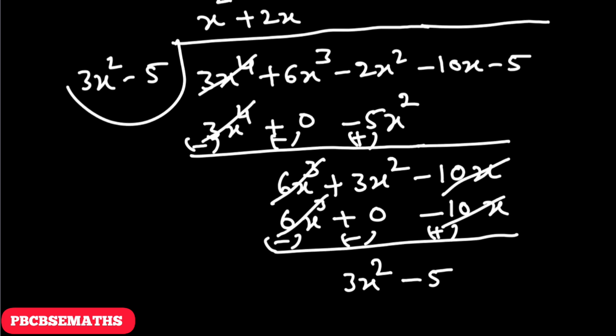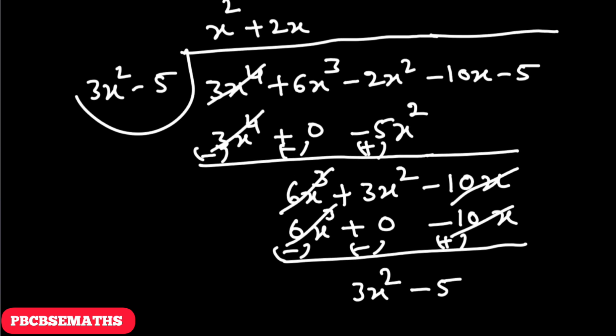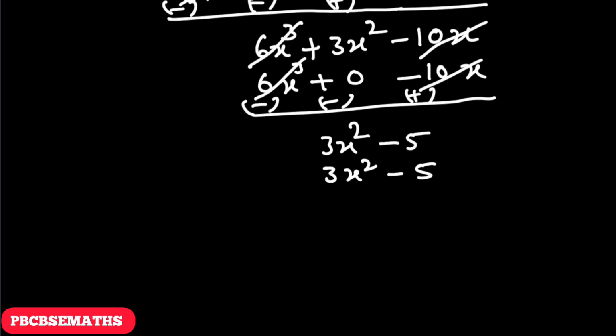Now we have 3x square right here. To eliminate this 3x square, we have to multiply this 3x square by plus 1. So let's write that plus 1. 1 into 3x square, we get 3x square. 1 into minus 5, we get minus 5. Now again, the sign of the second expression interchanges. This becomes minus, this becomes plus. These two get eliminated. This also eliminates.